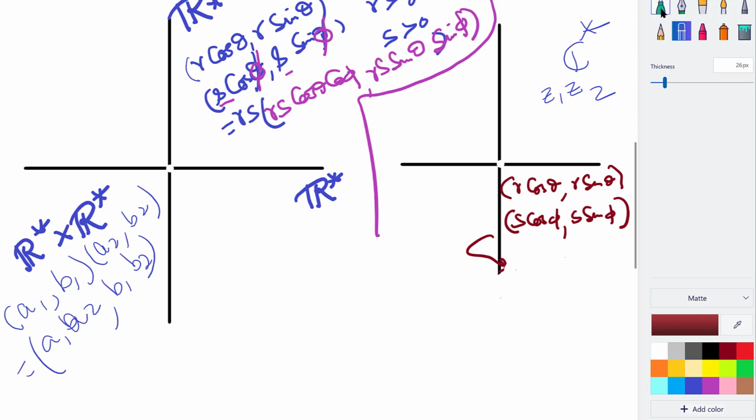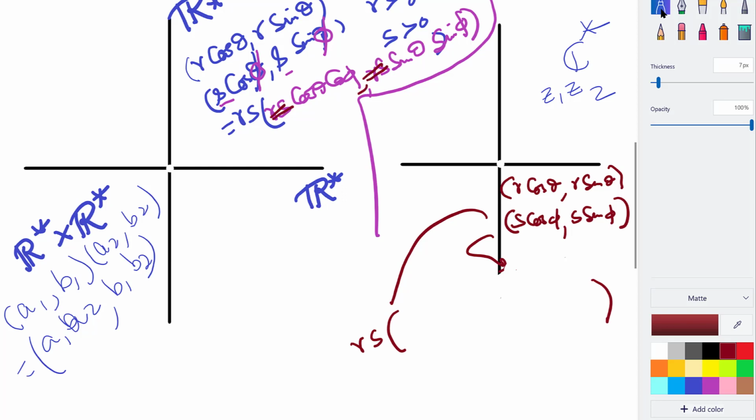The product would be rs, of course rs can be pulled out, so here it will be cosine of theta plus phi, and here it will be sine of theta plus phi.